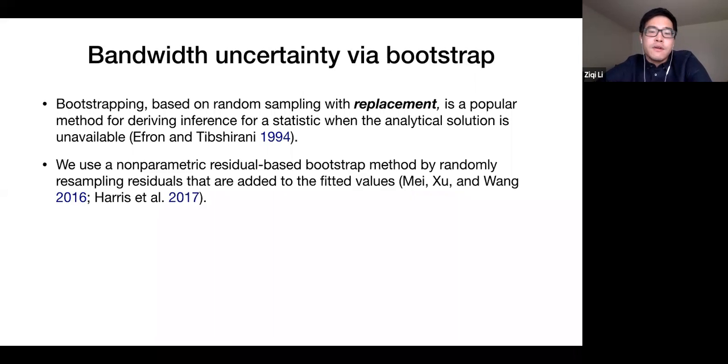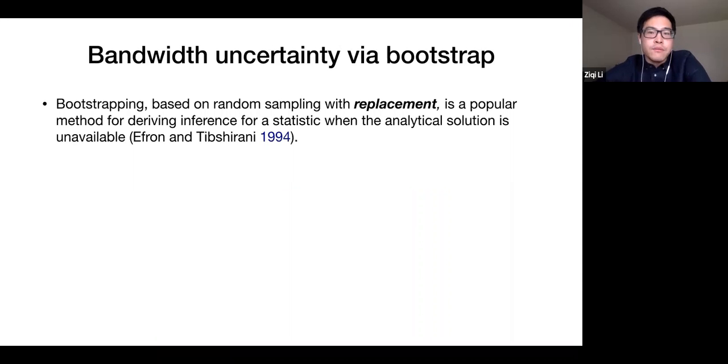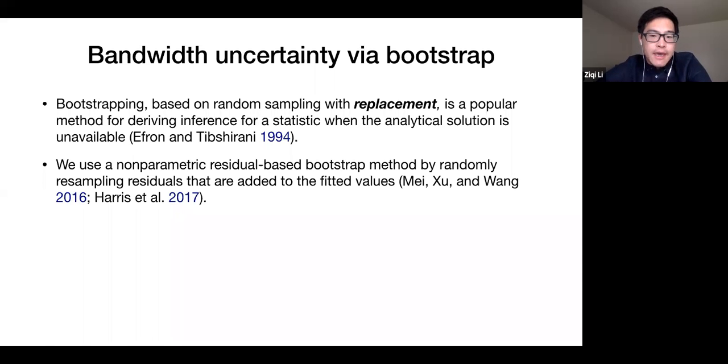A very intuitive choice is the bootstrap. Bootstrapping is very useful for deriving the distribution or the inference for a statistic when there's no analytical solution. In this case, following some literature, we use a non-parametric residual-based bootstrap method.